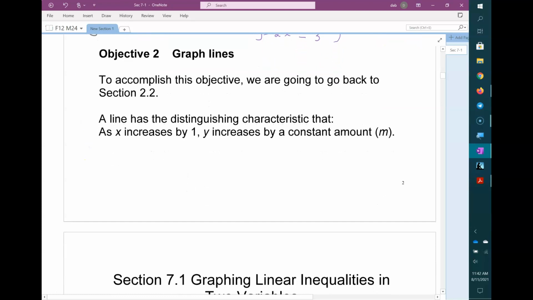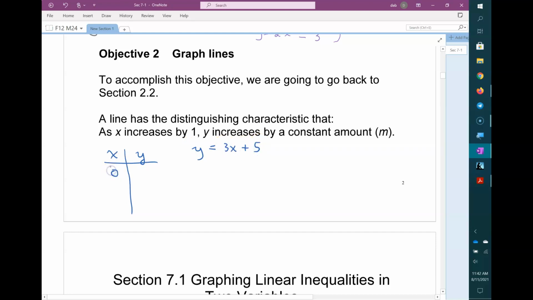Okay, then graphing lines. We're going to go back to section 2.2 to remember about graphing lines. And a line has this distinguishing characteristic. As x increases by 1, y increases by a constant amount, m, the slope. So if we made a little table of values and we said, let's have y equals 3x plus 5.